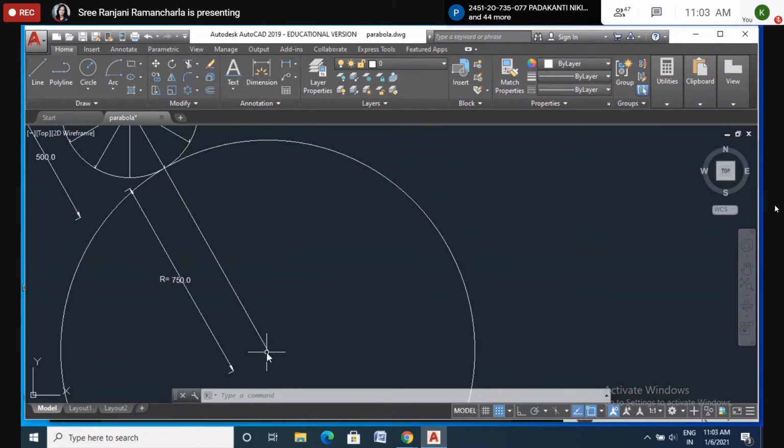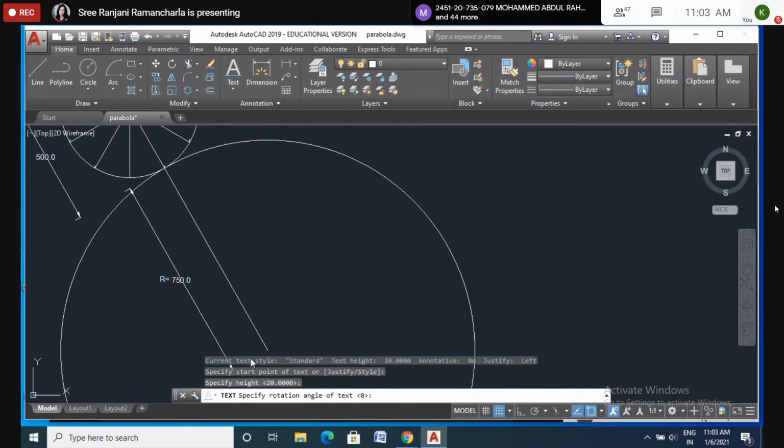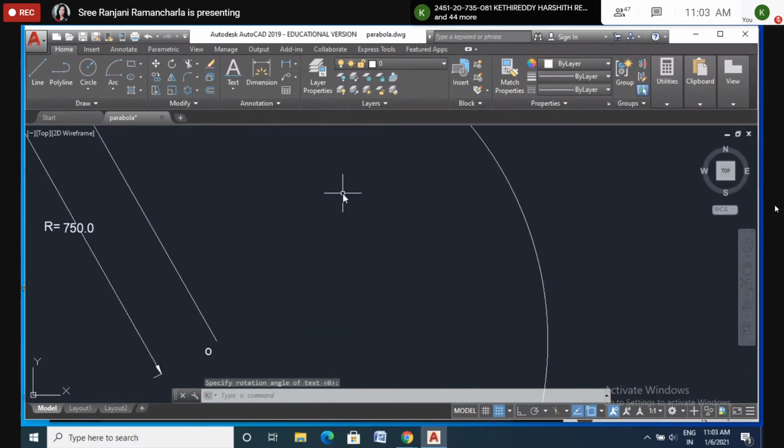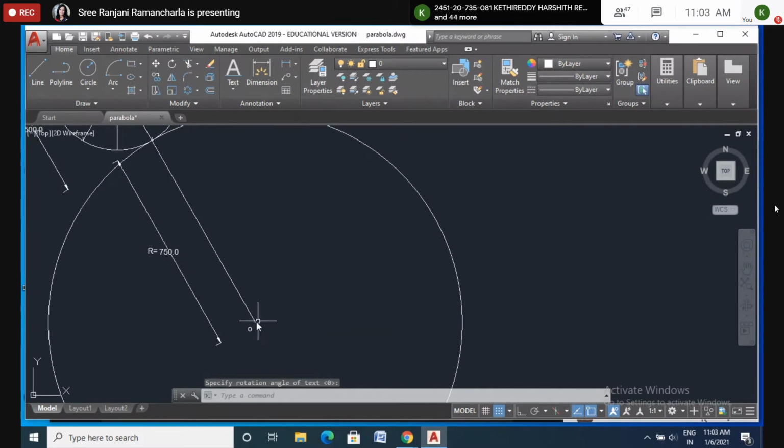Take this as a center, so you mention this one as O, center O. Right. So from here, please draw the 120 degrees from here to here.